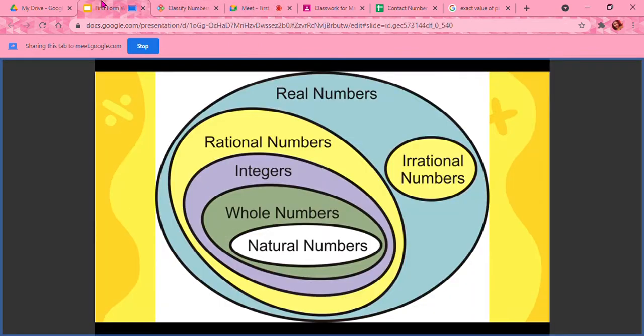So the number 10 is going to come here. Number 10 is going to be natural. It is also going to be whole, also an integer, also rational, and also a real number.